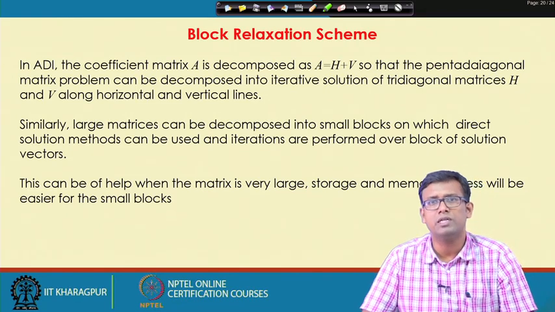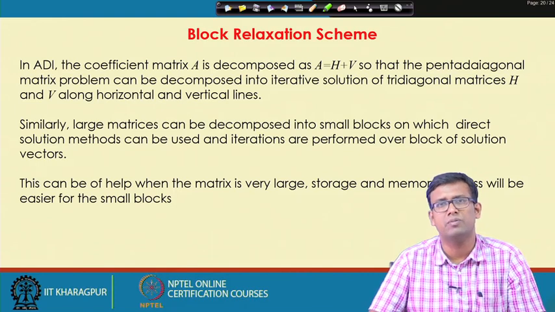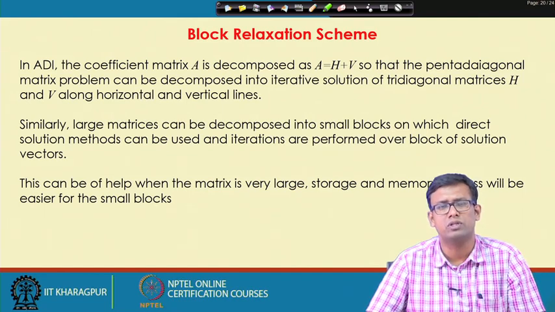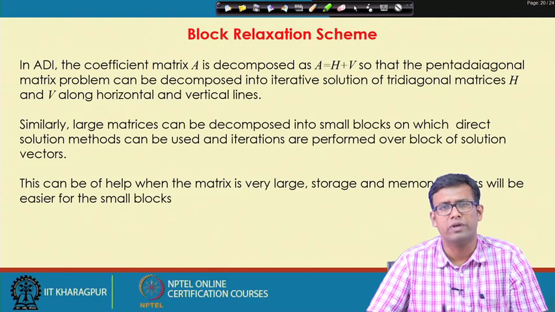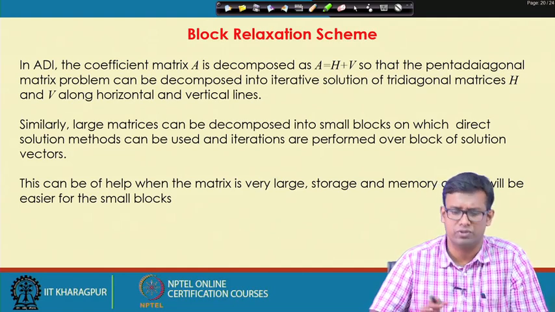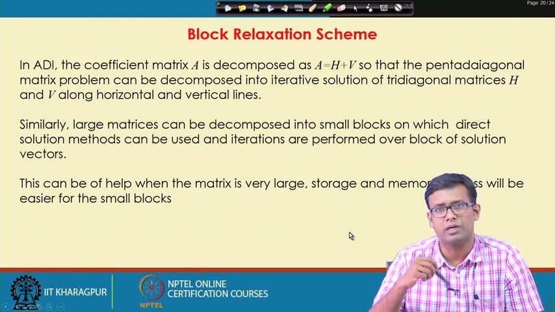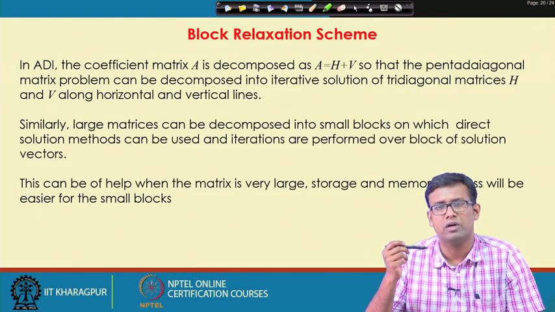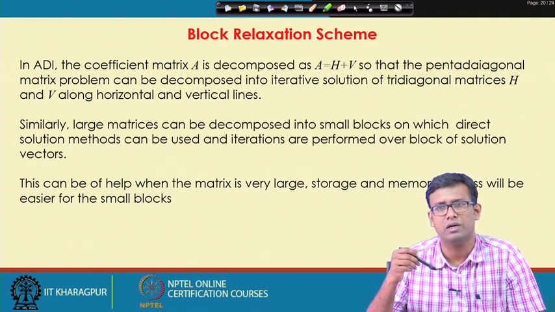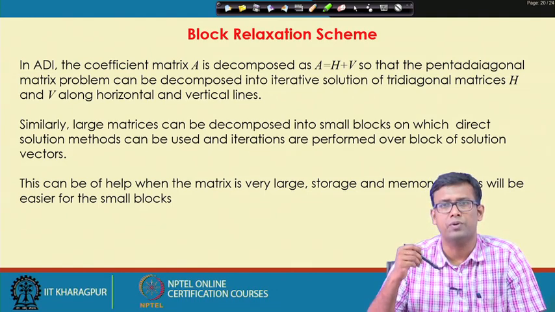So, for a large matrix, storage and memory access will be much more complex, and it can be easier if we break it down into small blocks. We will only store the small blocks, and memory management will be easier in small blocks. This is not only memory management done by the computer, but also a part of memory management done by the processors and the computer architecture.